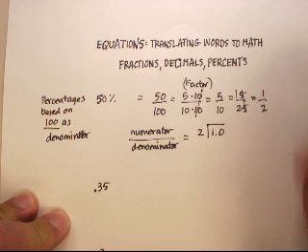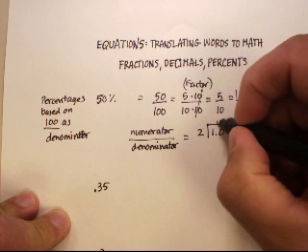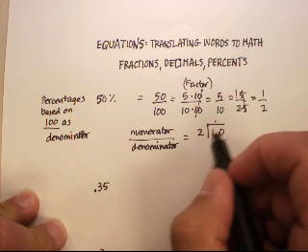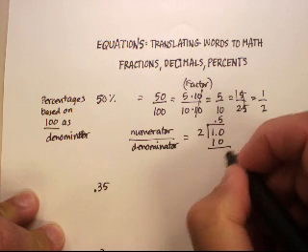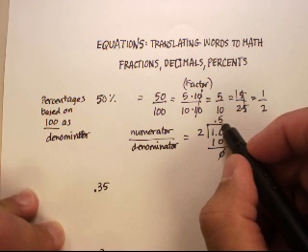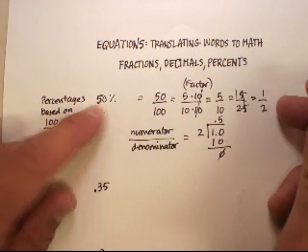I'm going to do the long division rather than doing the calculator. Put the decimal point here, if you remember how to do that, and ask yourself, 2 goes into 10 how many times? And the answer is 5, and you get a 0 remainder. So 0.5 would be the answer for 50% changed into decimal form.